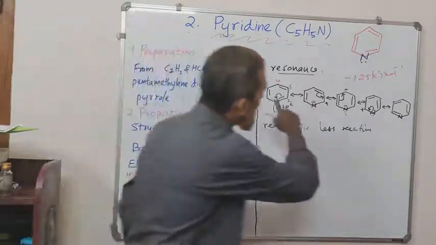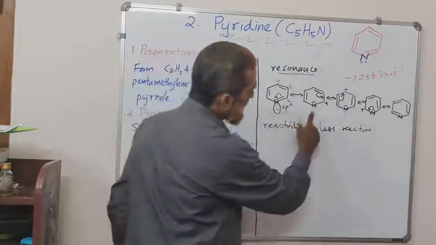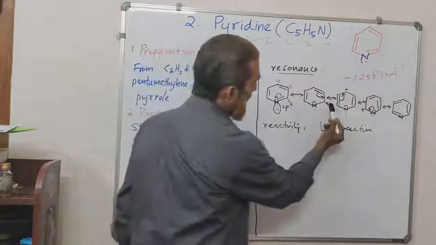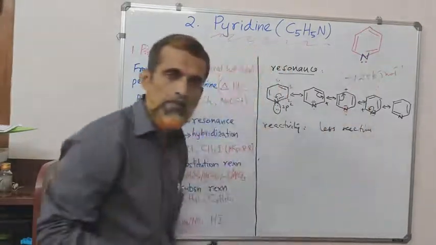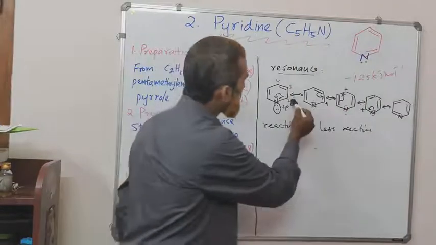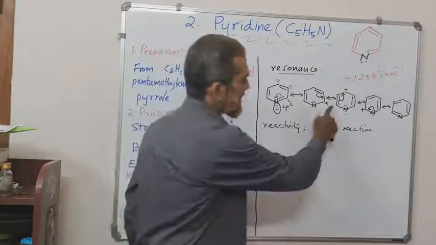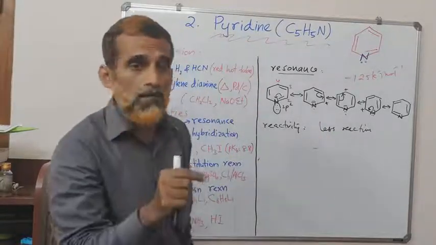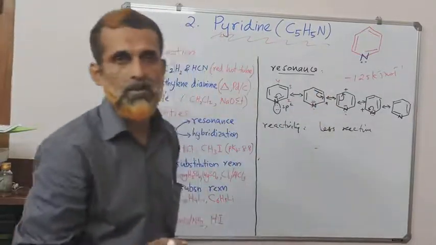One, looking at these resonance structures, you can see that in these structures there is positive charge appearing at position 2 as well as position 4. What does it mean? At these positions 2 and 4, electron density is particularly reduced. That's indication of positive charge. So electrophile will preferably attack which position? Position 3, where there is no positive charge.